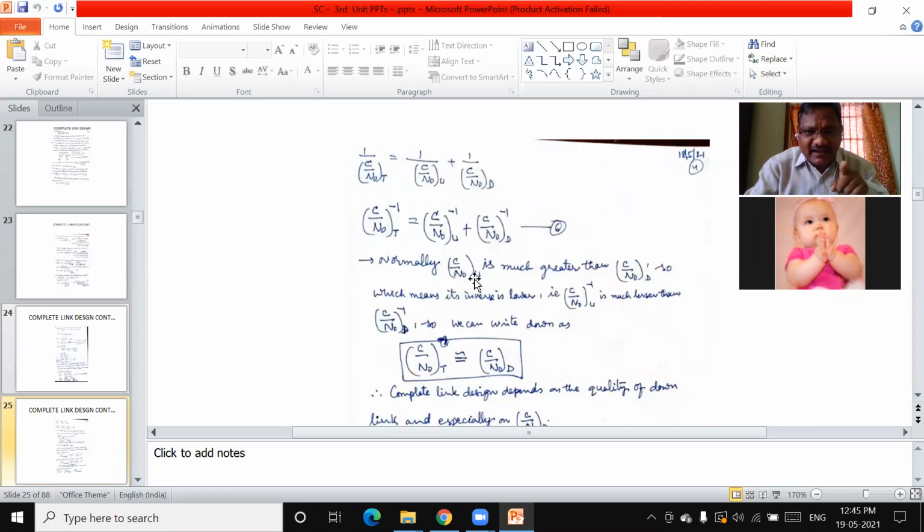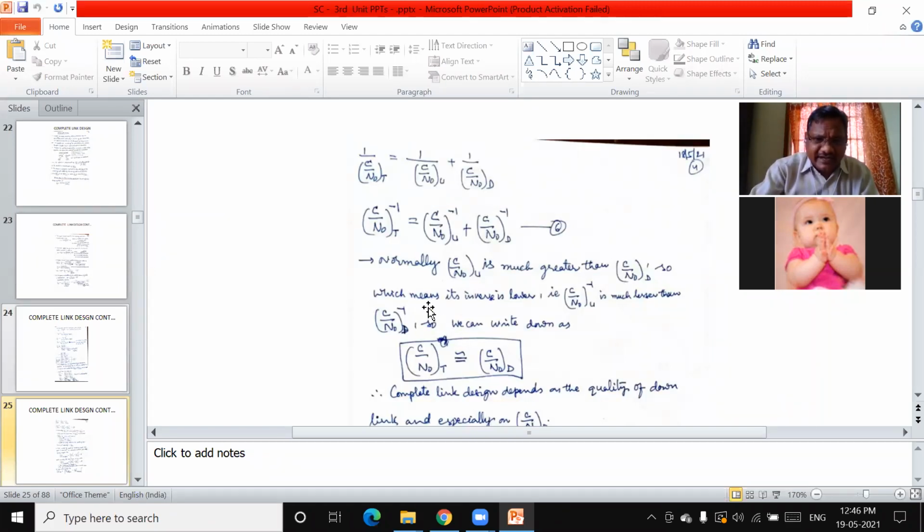Please see, C by N naught U is greater, and therefore its inverse, 1 by that greater value, will be less. C by N naught U inverse is smaller than this one, because this is smaller. 1 by C by N naught D becomes greater than this term. Therefore, we can neglect this one.